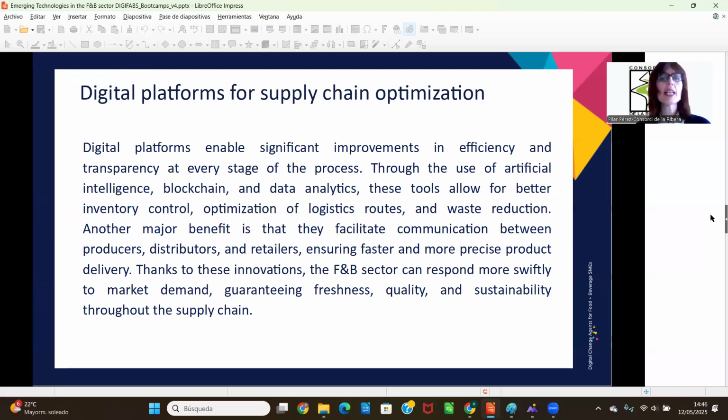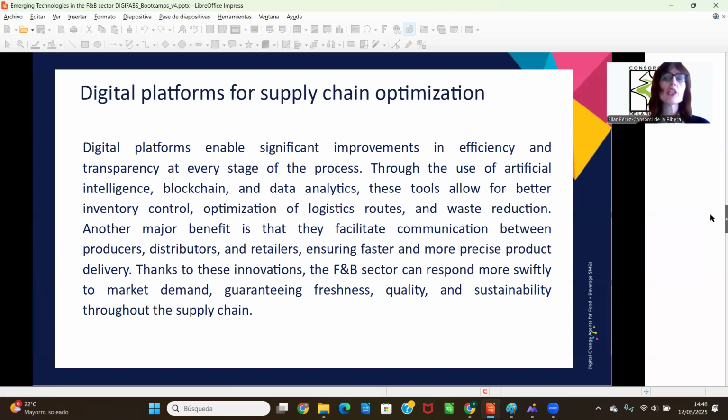The same occurs with digital platforms that allow improvements in efficiency and transparency in every stage of the process. Using all the digital tools that we have seen, such as AI, blockchain, and big data analysis, SMEs can improve inventory control, optimize logistic routes, and consequently reduce time, waste, and cost.